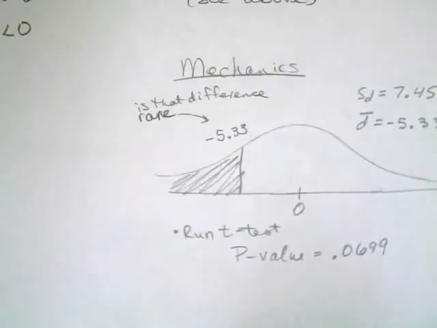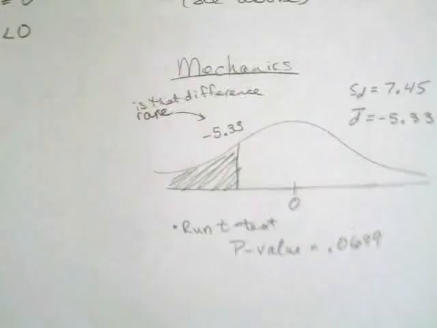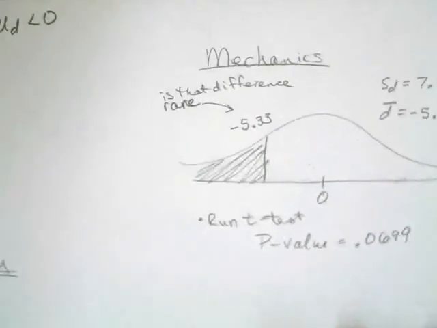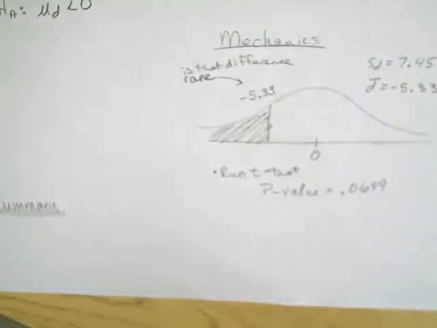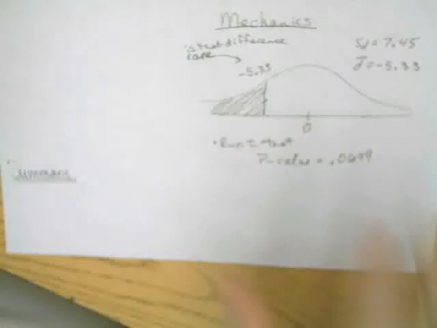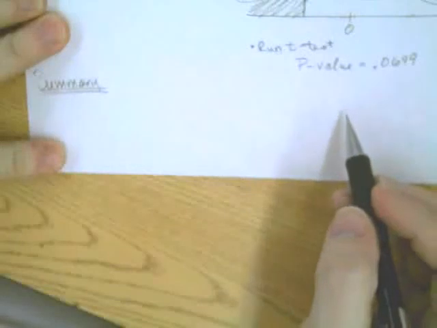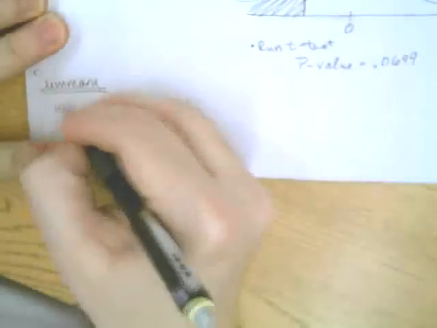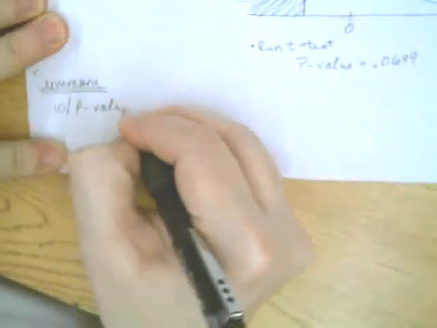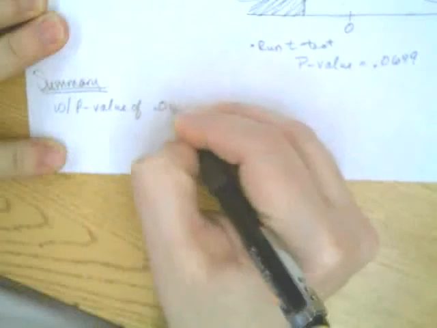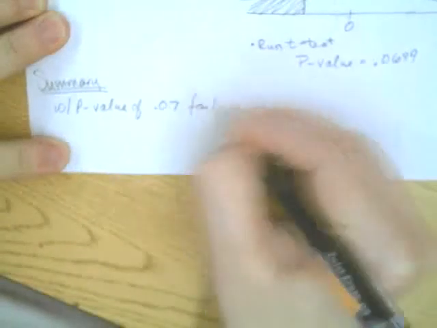If it were me, I would probably fail to reject because they're talking about running a summer school program, which costs money, right? And so with something costing that much money, 7%, that's not really good. So with a p-value of 0.07, I would fail to reject.